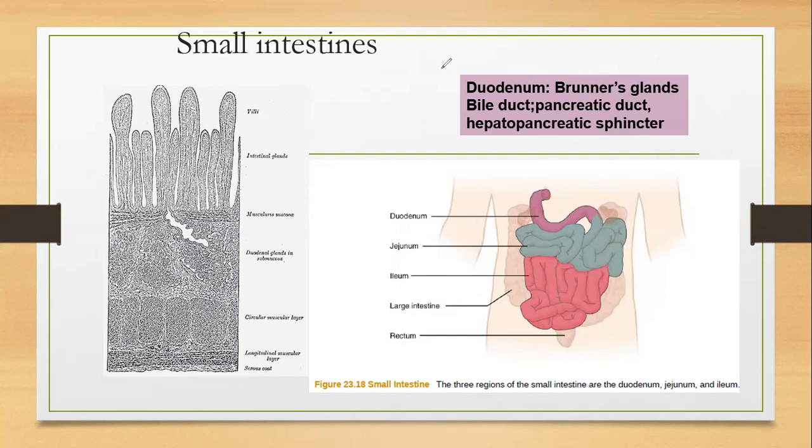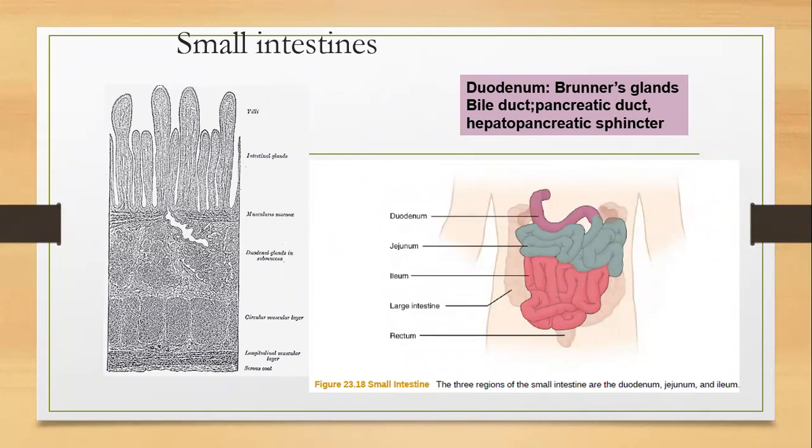This area of the duodenum is also the exit point for the pancreatic duct and the bile duct, and they exit through a valve-like structure which we call the hepatopancreatic sphincter.